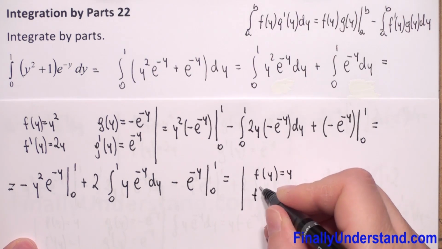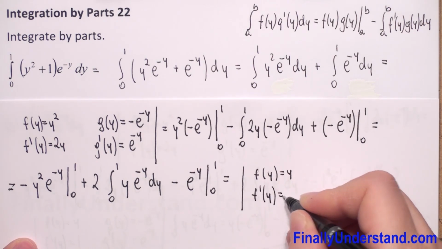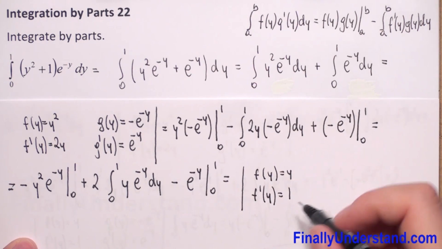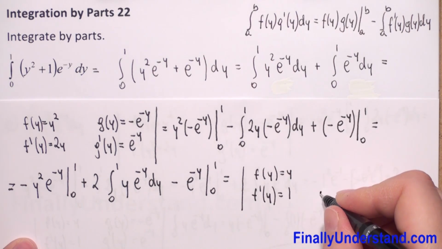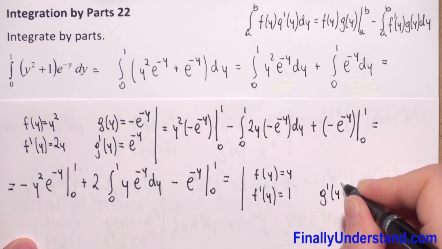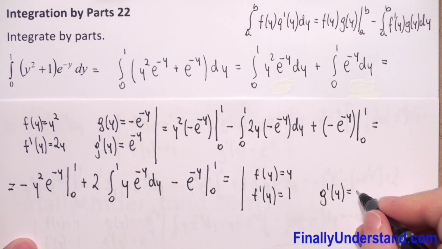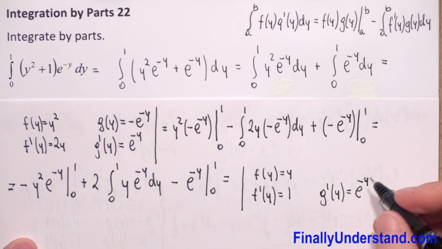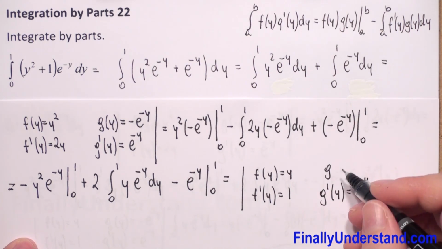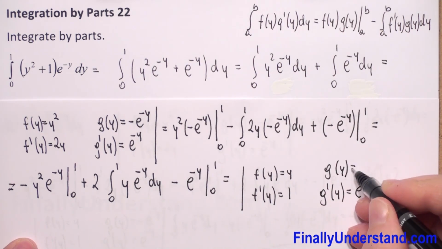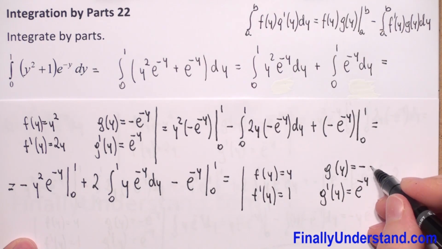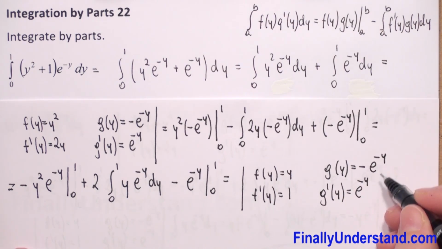So f prime of y is equal to 1. Whatever is left is our g prime of y, so it is e to the power negative y. The antiderivative of e to the power negative y is equal to negative e to the power negative y.